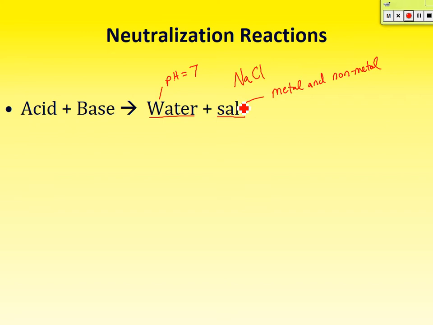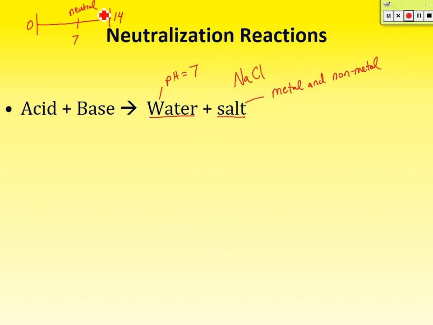So neutralization reactions are very important. What if I spilled a really strong acid on the counter? What could we react it with to neutralize it? A base. And that's because, guys, if you remember the pH scale, it goes from what to what? 14. Yeah, 0 to 14, and right in the middle is what? 7. This is neutral.